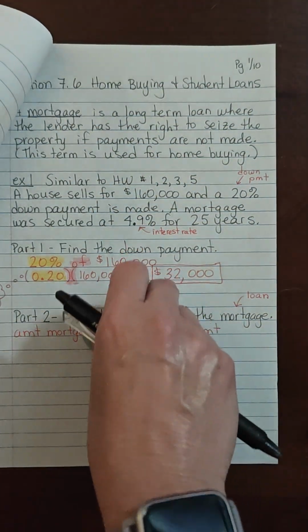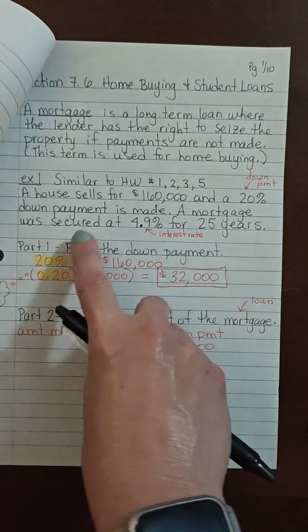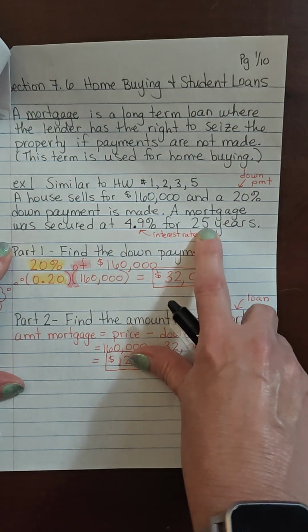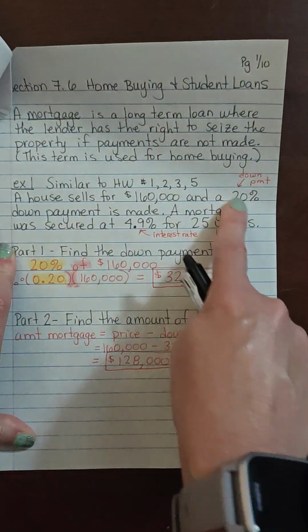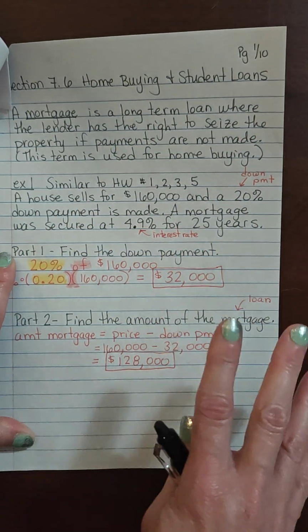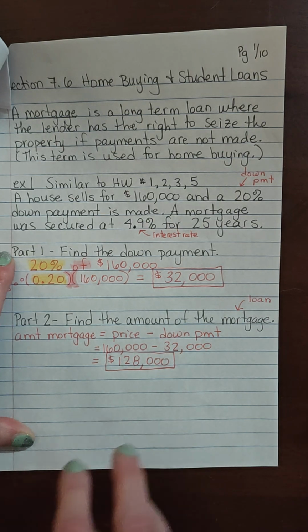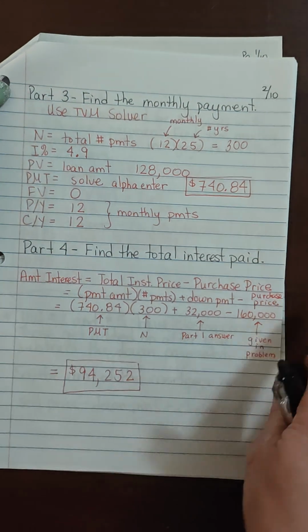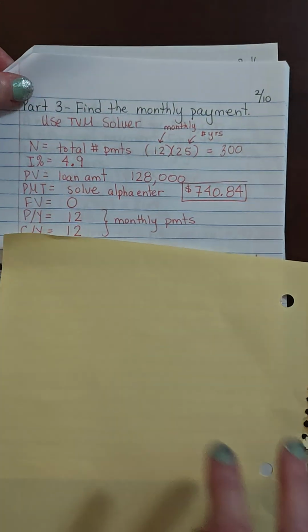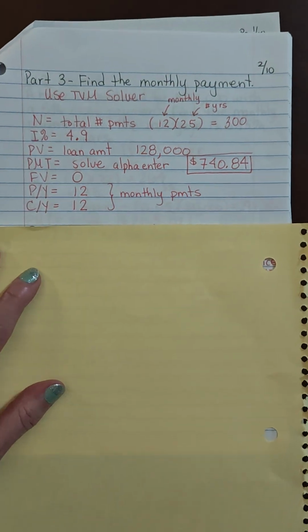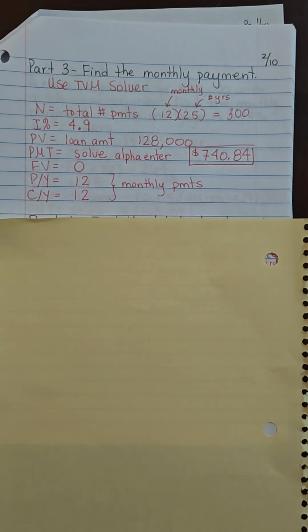It was 25 years. It doesn't say anywhere about monthly payments, but you can assume that it is monthly payments here. If it doesn't say otherwise, assume it's monthly payments. So we have monthly payments for 25 years. That's a total of 300 total payments.